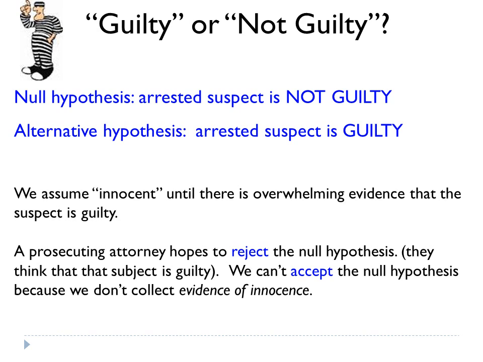Along with that, we have to point out that we don't ever accept the null hypothesis. When the prosecuting attorney is putting somebody on trial and trying to convict them of a crime, they are not collecting evidence of innocence, right? We start by assuming somebody is innocent, and all of the evidence is supposed to show that they're not innocent, right?